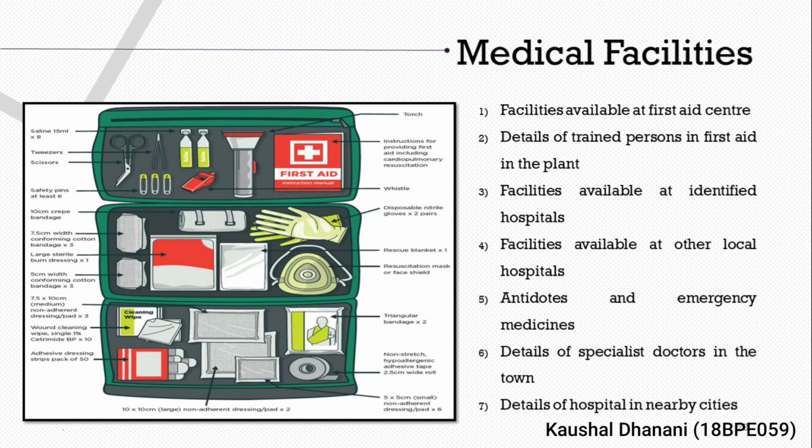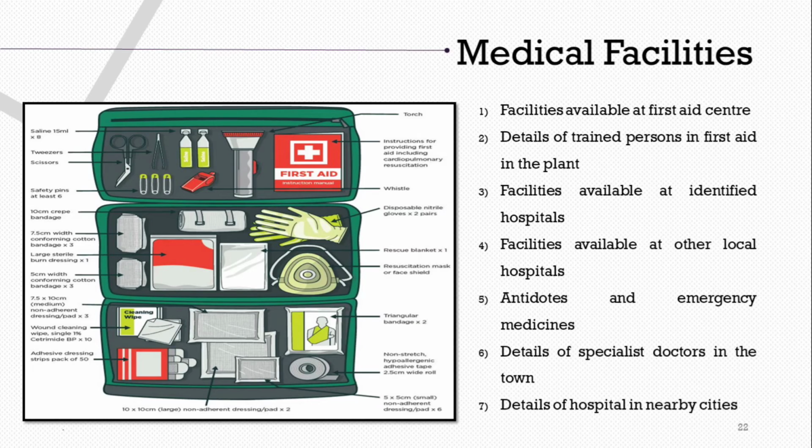Hello everyone, I am Kaushal Dhanani and I am going to talk about medical facilities in evacuation. Medical support is very important in any kind of emergency. So medical facilities should be ready to use before any kind of operations.